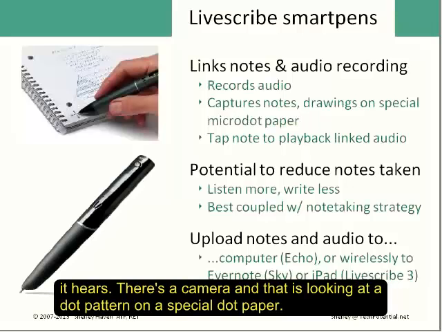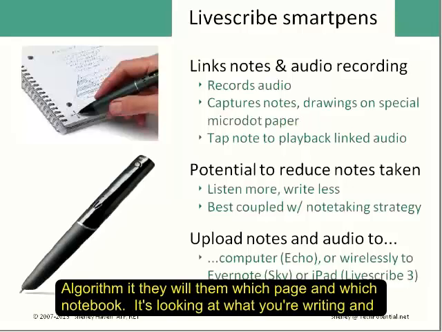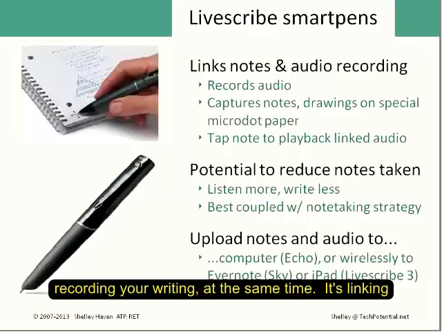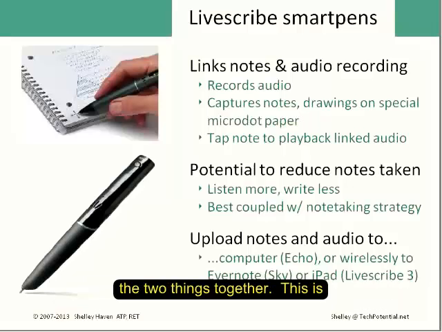At the tip end, just behind the pinpoint, is a little infrared camera, and that camera is looking at a dot pattern on the special Livescribe microdot paper. It looks like random dots. It's actually a mathematical algorithm that tells the pen where it is on the page, and in which notebook. So it's looking at what you're writing, and it's recording your writing at the same time. So it's recording the audio, recording the writing, and it's linking the two things together.